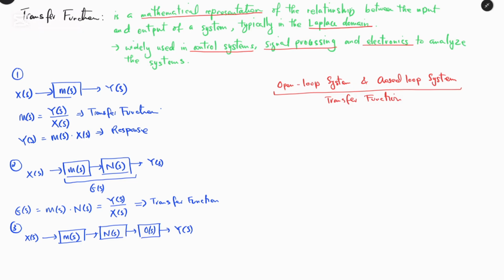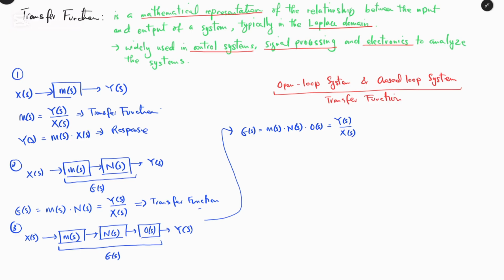If we simply group this into G(s), the equation becomes G(s) equals M(s) times N(s) times O(s), which equals Y(s) over X(s).